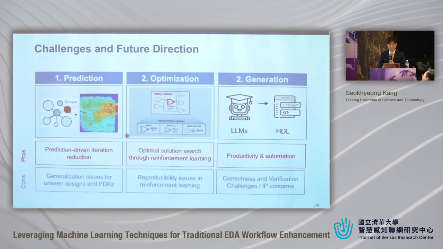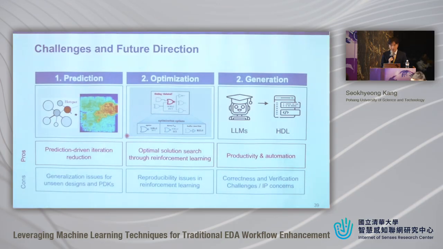Okay, this is the summary of my talk. ML can be used for EDA, but there are still many limitations and hurdles, and we applied ML to three categories: prediction, optimization and generation. In the prediction, with early-stage prediction, we can reduce tool iterations.